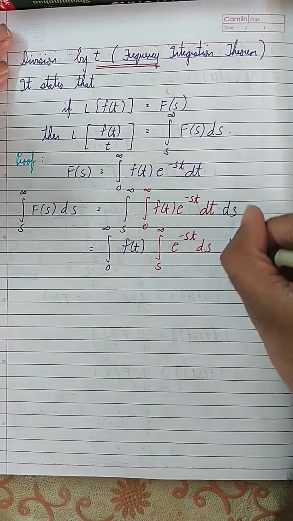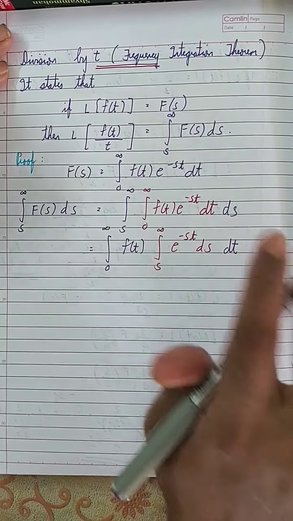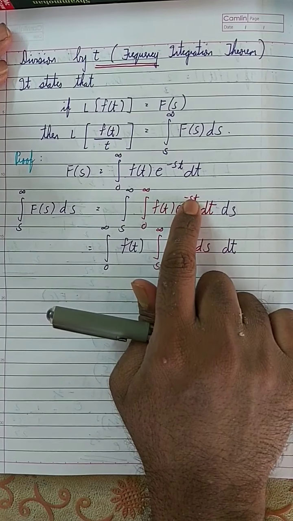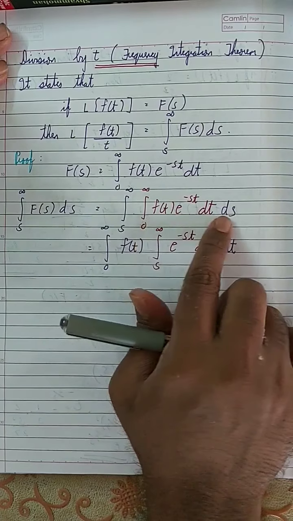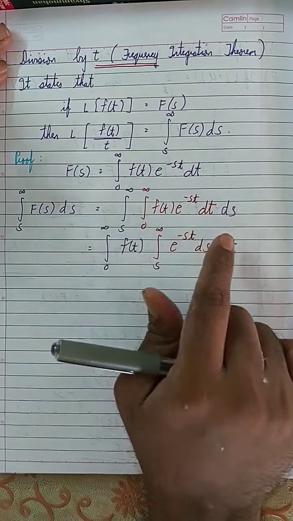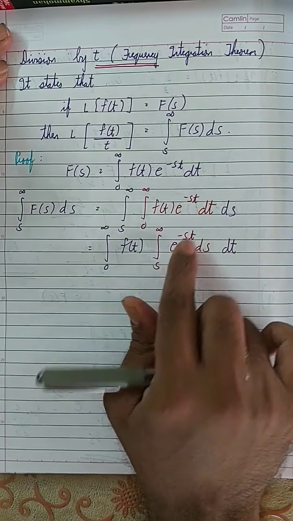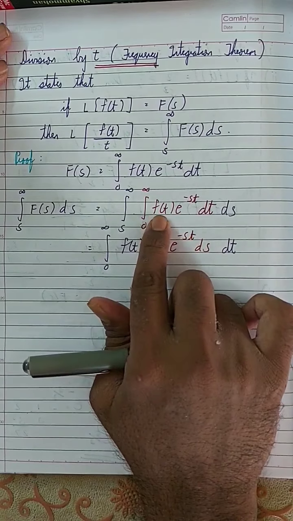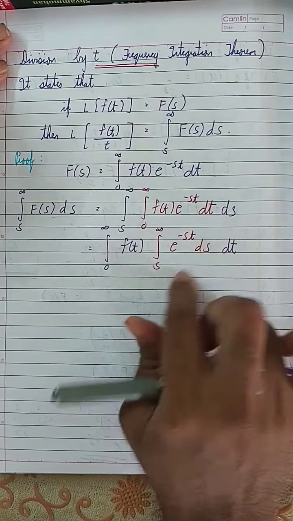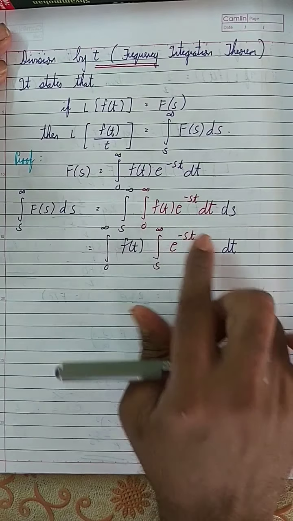The reason is that this is the only place where there's an s. So if I want to integrate with respect to s, I need to integrate only this, because here f of t dt, there's no s. That is why.